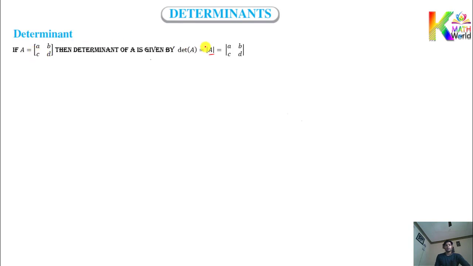So just the symbol got changed. For matrices you get a square bracket like this, while for a determinant you get vertical lines.